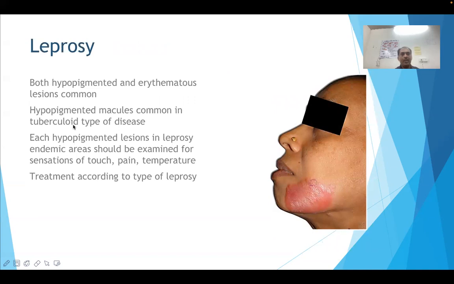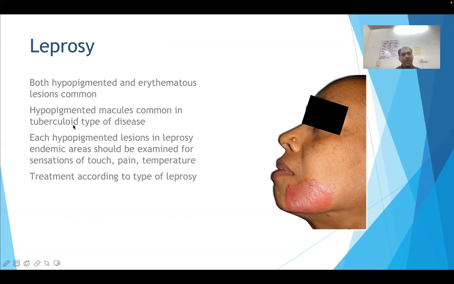Leprosy or Hansen's disease is a bacterial disease caused by Mycobacterium leprae. There are several forms, their classification depending upon the morphology of the lesions: the tuberculoid, the borderline tuberculoid, the mid-borderline, the borderline lepromatous, and the lepromatous leprosy. The hypopigmented lesions are common mainly in the tuberculoid variant and the borderline lepromatous variant.